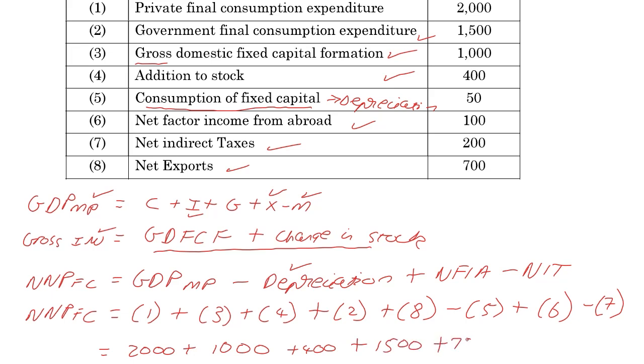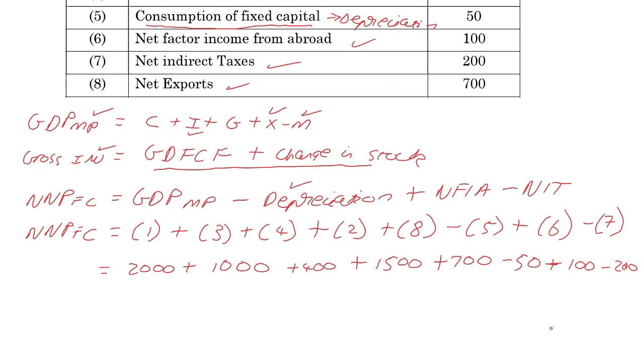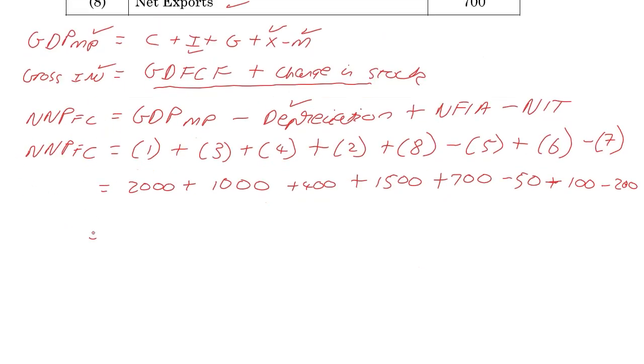X minus M is 700. Only this much gives us GDPMP. But now we will subtract depreciation, consumption of fixed capital, which is 50. We will add net factor income from abroad, which is 100, and we will subtract net indirect taxes, which is 200. Now it becomes easy for us.